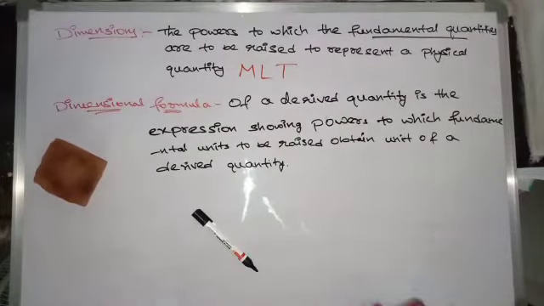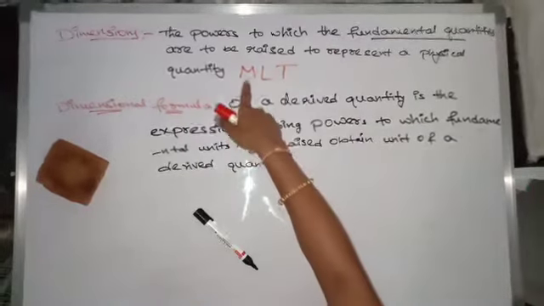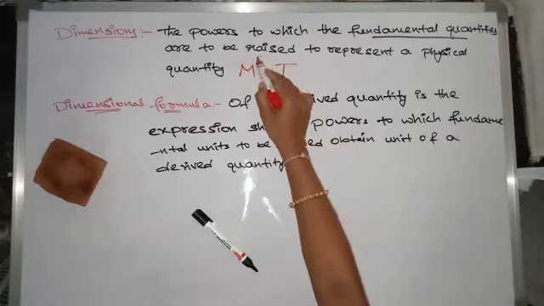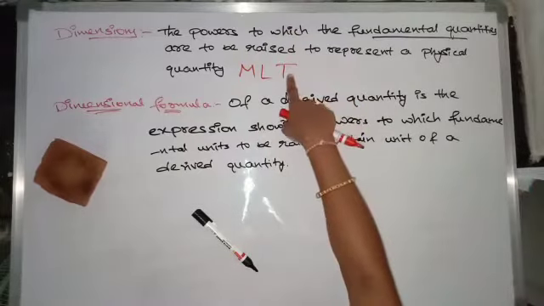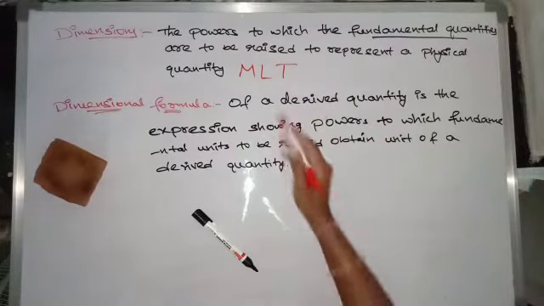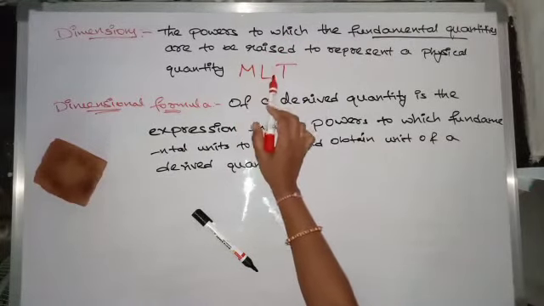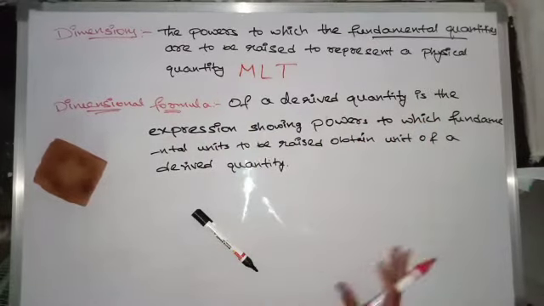The fundamental quantities are to be raised to powers, that is mass to the power 1 or 2 or 3, length to the power of 1 or 2 or 3, and time to the power of 1, 2, 3 or 0. It means the powers of mass, length and time are used to represent a physical quantity.